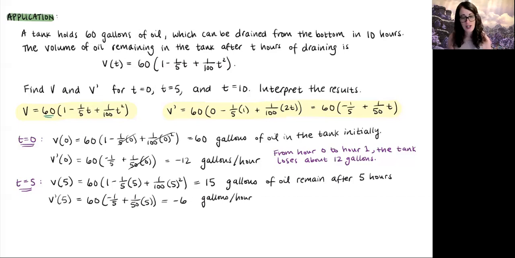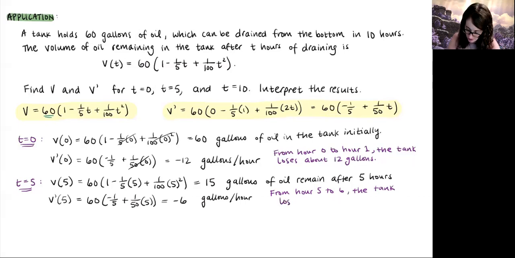So the rate of change in the volume, or the rate that the oil is being drained out, is different over time. So from hour 5 to hour 6, just in that 1 hour, the tank still loses, because the rate of change of the volume is negative, so it's decreasing or going down.